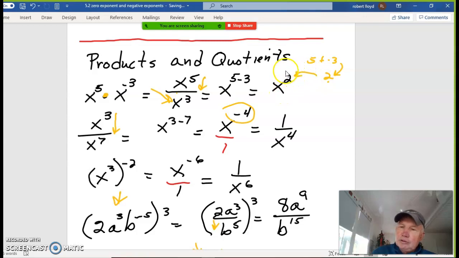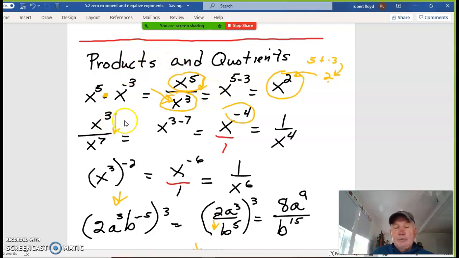So it's x squared. Or we can say, okay, we better change the position of the negative 3, so x to the fifth stays where it is because that's positive. X to the negative 3 has to move its position, and then we can subtract 5 minus 3 equals 2. So you can do it one of two ways.